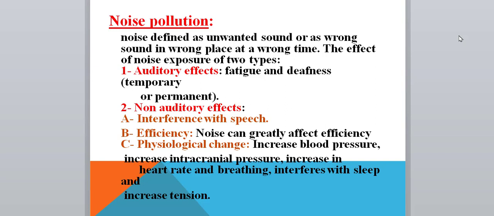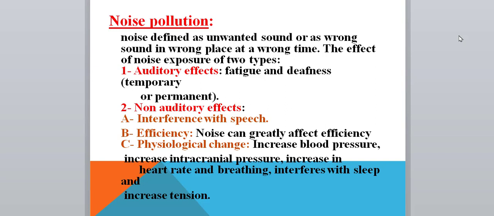It usually affects the eighth nerve and cochlear nerve, leading to either a temporary or a permanent effect. Number two, non-auditory effects. So the first one, the auditory effect, belongs to hearing loss, whether temporary or permanent.